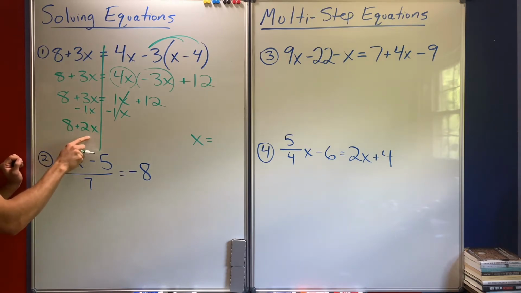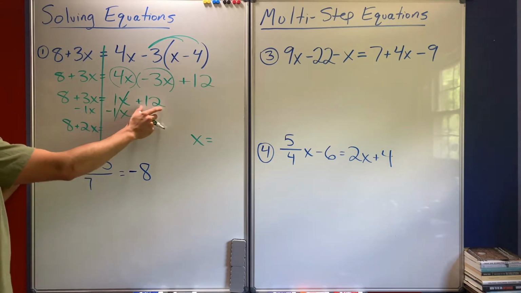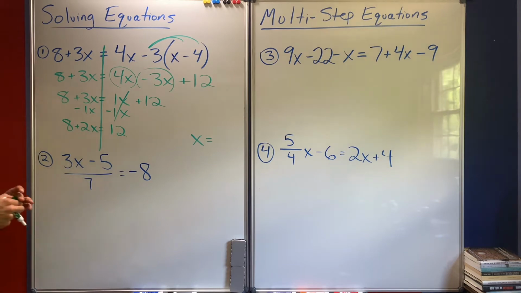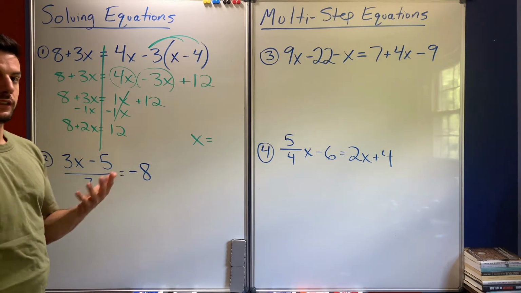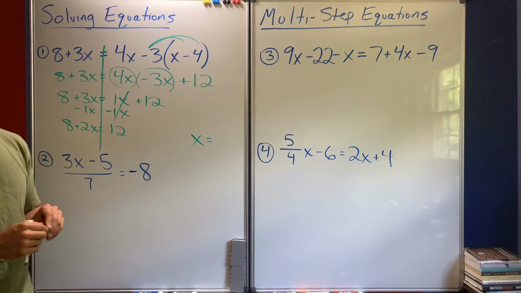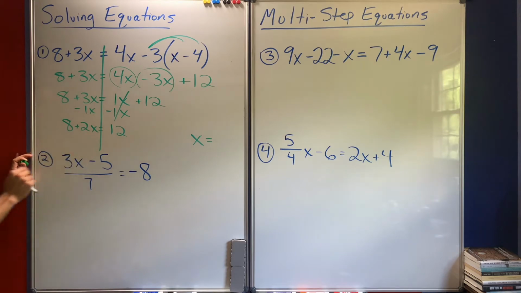I'm going to write that plus there to show that. And then this canceled, so on this right side I just have 12. Okay? So again, the whole goal of all these is to get the x by itself so that we can find what that unknown value is. Okay, and I'm almost there. I have a single x here now, so that's what I'm going to try to get by itself, that single x. Okay, but I have a few more things to cancel, right?